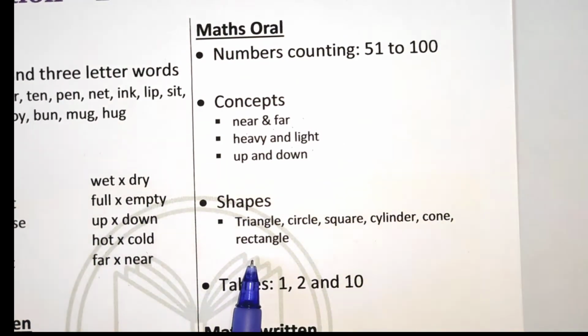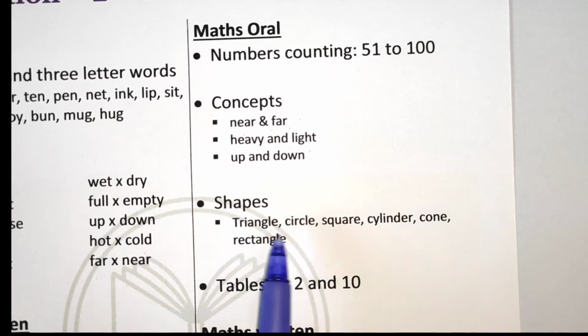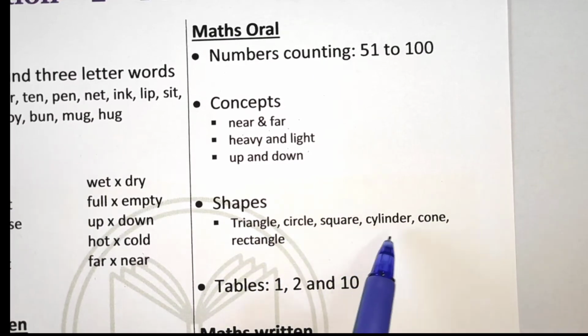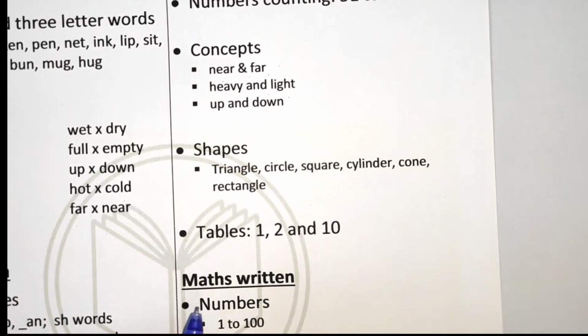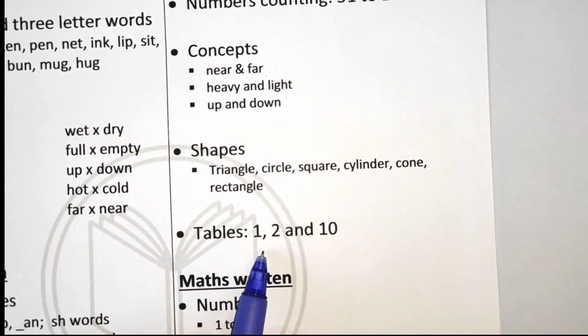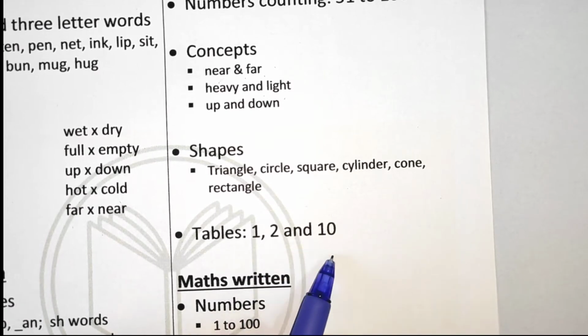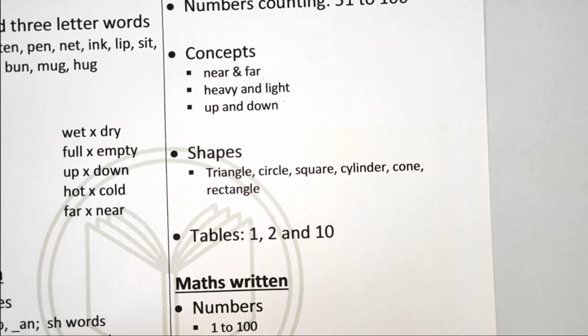And we will also practice these shapes: triangle, circle, square, cylinder, cone and rectangle. In tables, there will be table of 1, 2 and 10. See my videos to practice the tables.